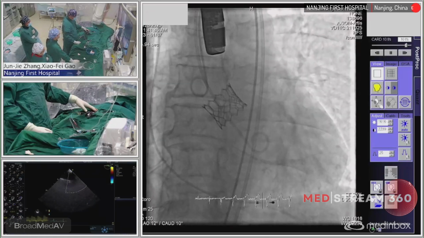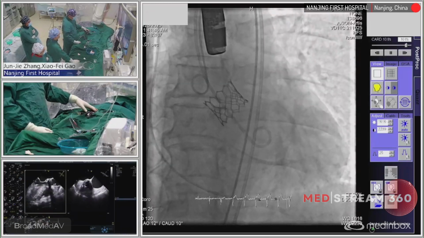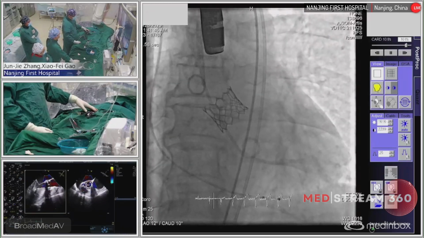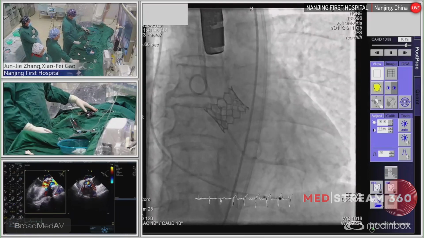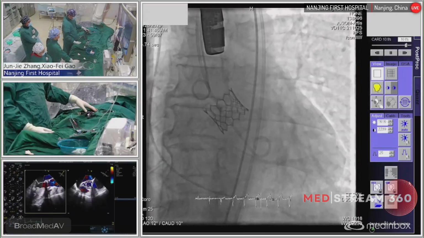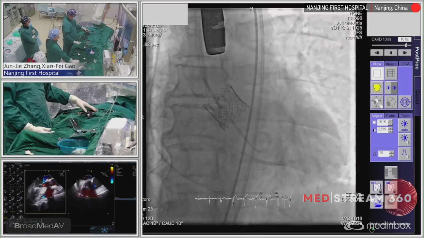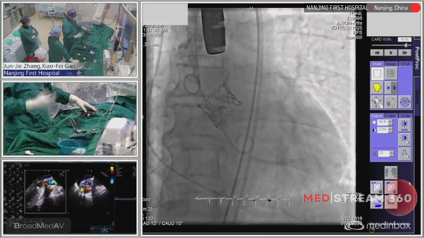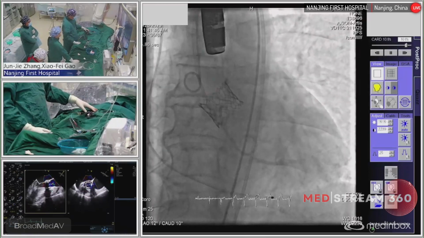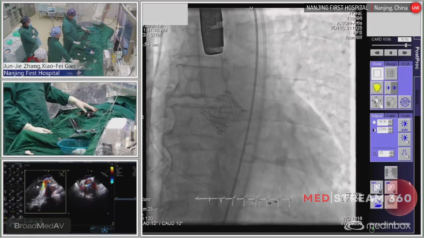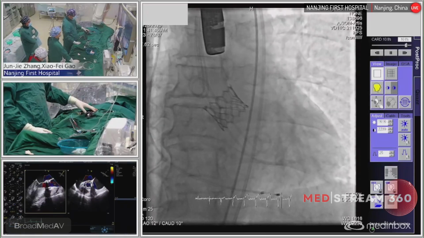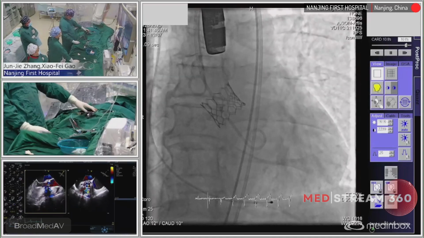If there is no flow limited dissection and the stenosis is less than 50%, I will just leave it. If there is a flow limited dissection or a severe stenosis of more than 50%, maybe I will put a graft stent in for this right iliac artery disease.